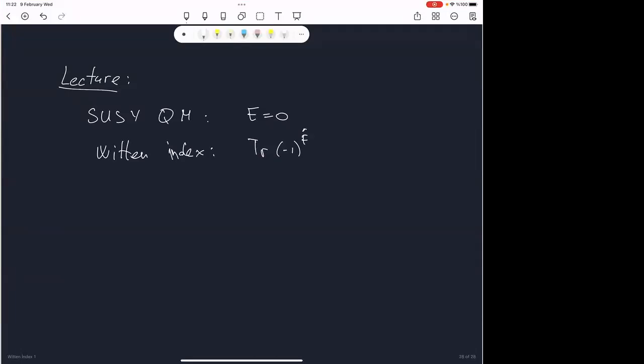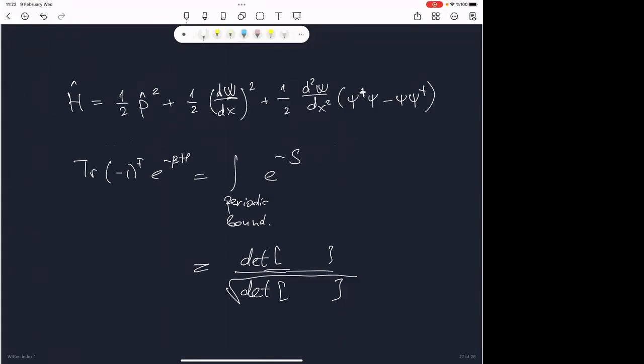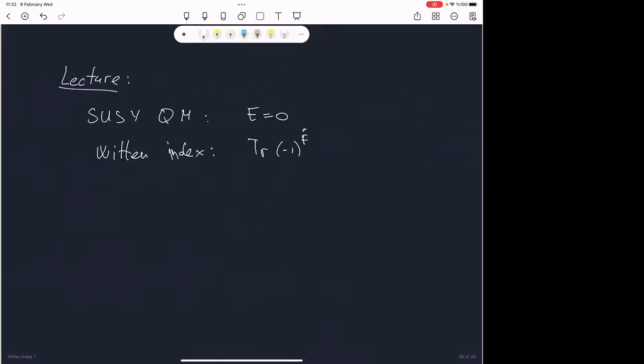I should say that we just started to try to compute, but I just used the formulas for the Gaussian integrals and said that there will be some determinant coming from the Grassmann side and a determinant coming from the normal bosonic side. Now let me do some computation just to show you how to get these determinants.